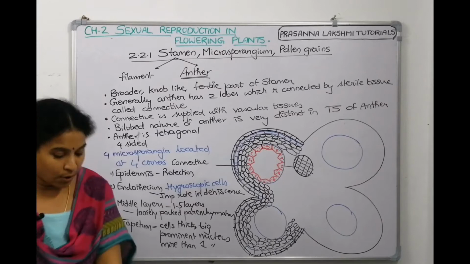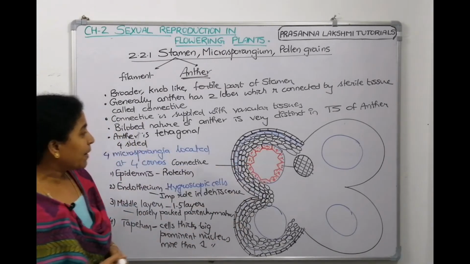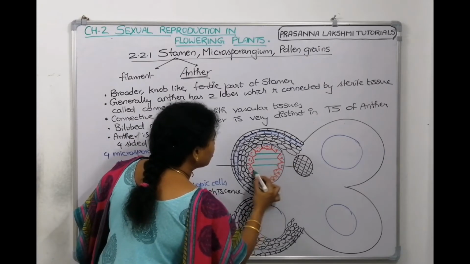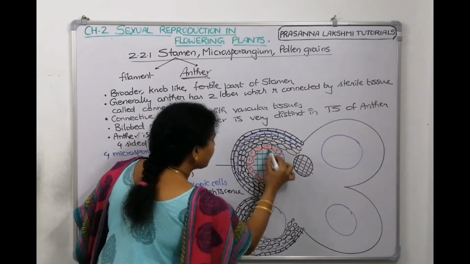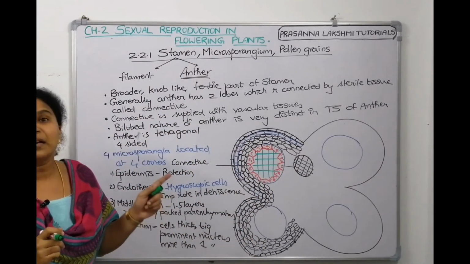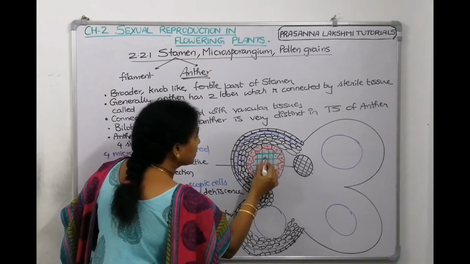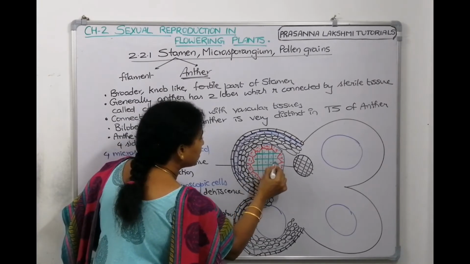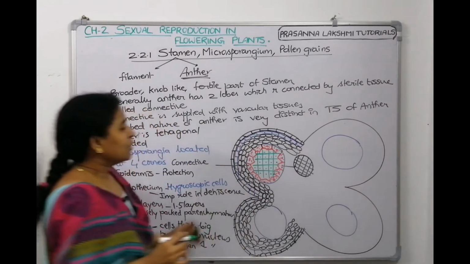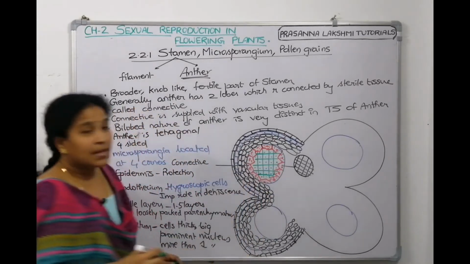Inside this, what did we call this? Microsporangium. Now, what does this microsporangium contain inside? Inside it contains sporogenous tissue. If it is a young anther, it contains sporogenous tissue. So, there are so many cells here.